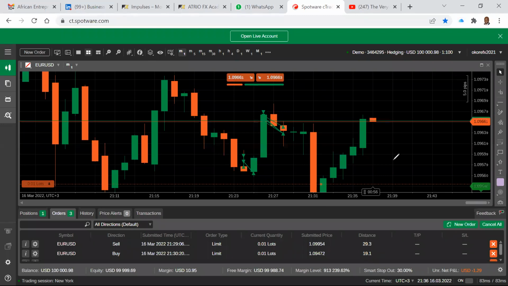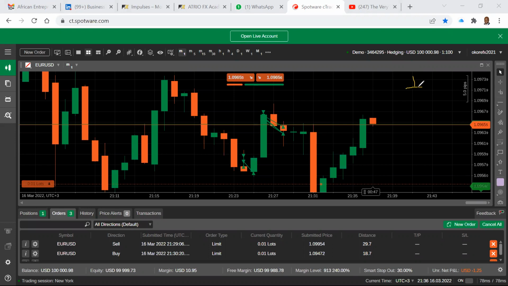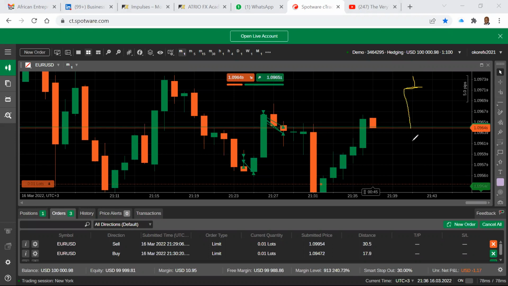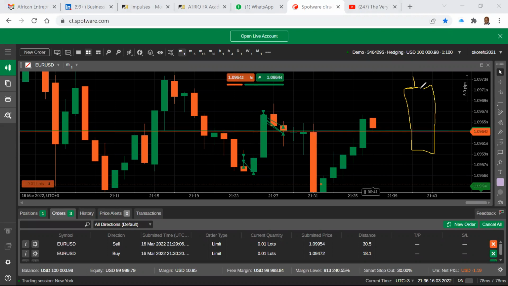So a candle forms like that. When the market comes, it starts like that, and then forms something like this. That's a typical candle.